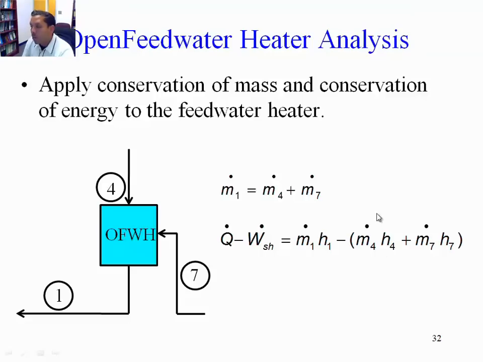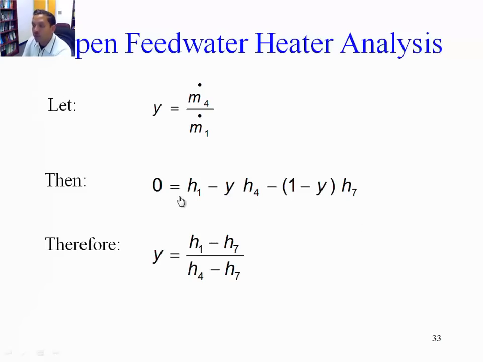M4 over M1 is equal to Y, and M7 over M1 is M1 minus M4 over M1, which is 1 minus Y. This is the application of the first law of thermo and the concept of these proportional mass flow rates. So H1 minus Y times H4 minus 1 minus Y times H7 is equal to 0.